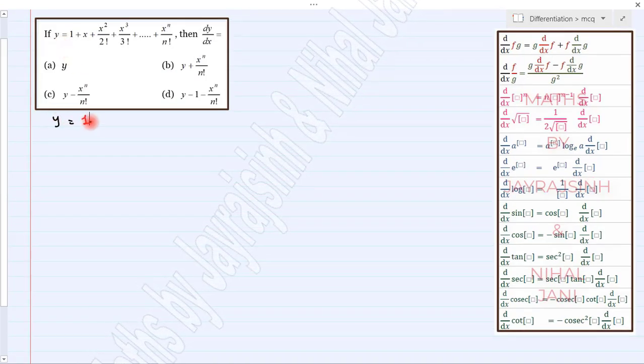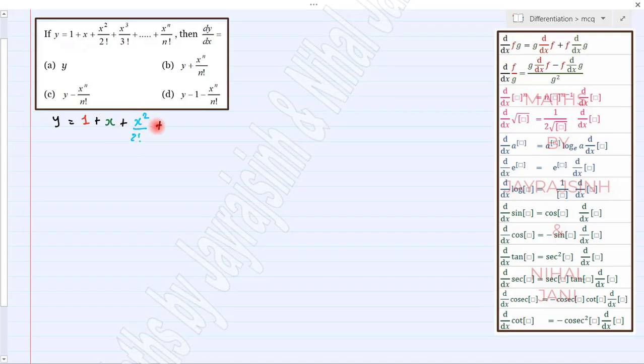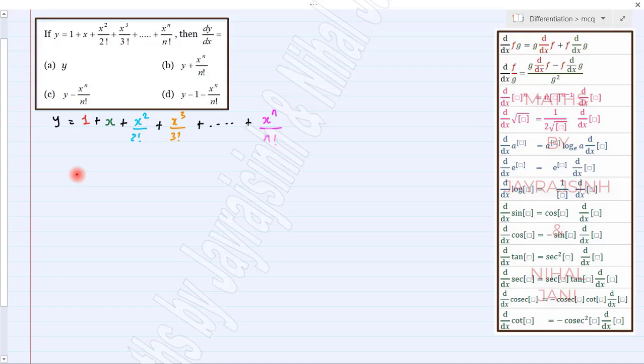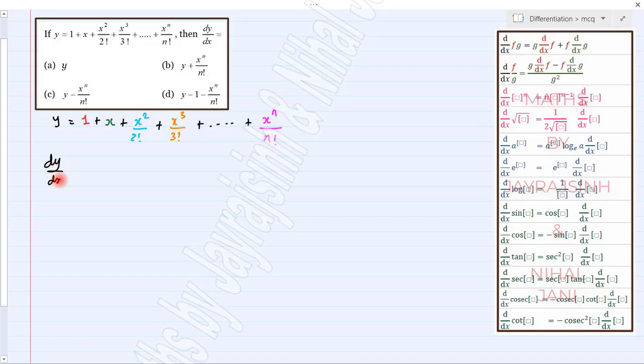If y is equal to 1 plus x plus x square by 2 factorial plus x cube by 3 factorial up to x raised to n by n factorial, then we have to find out dy by dx.